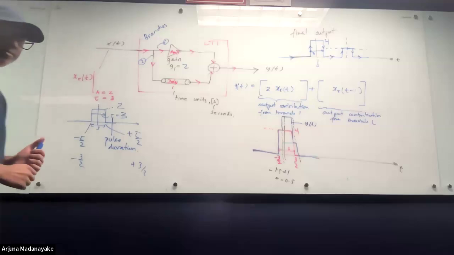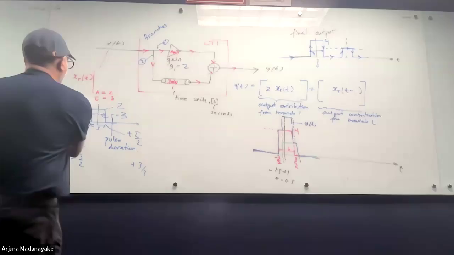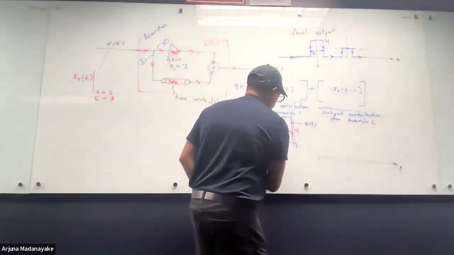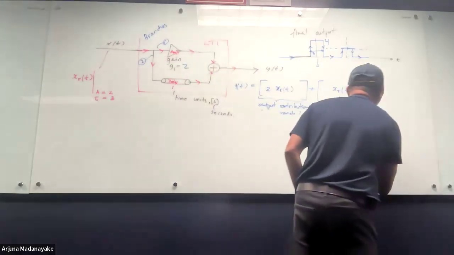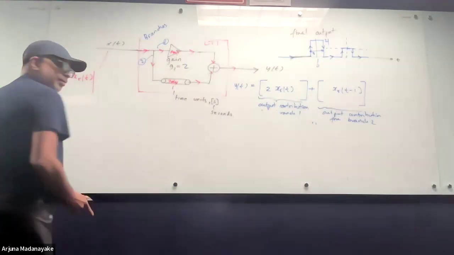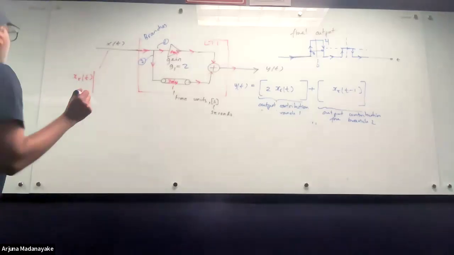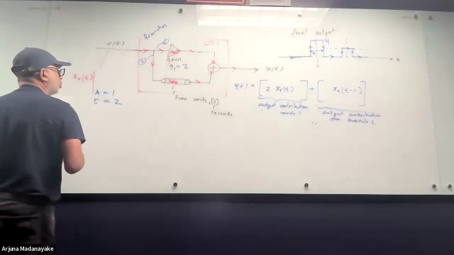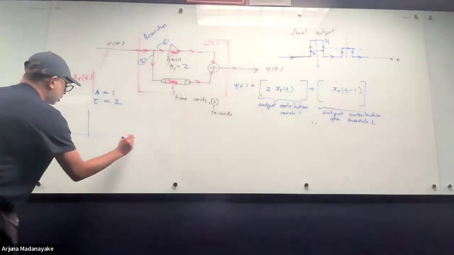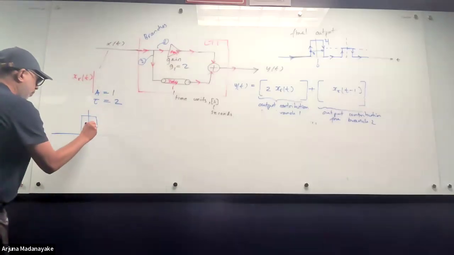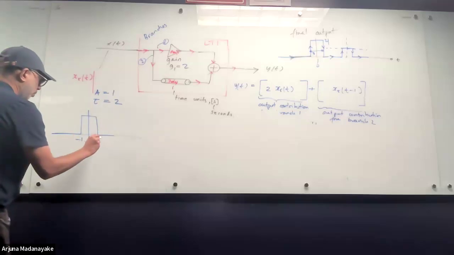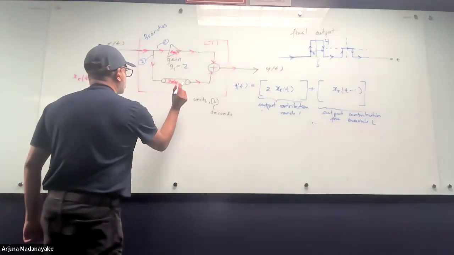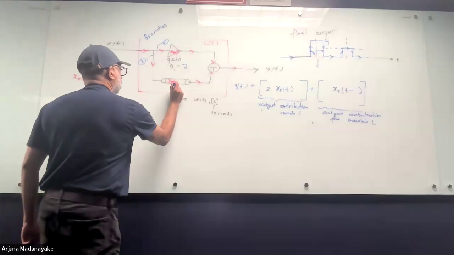So let's do one more problem. I'm going to change my A and tau values. I'm going to say A is equal to 1, tau is equal to 2. So my input now looks like this. My delay, I'm going to select as 2.